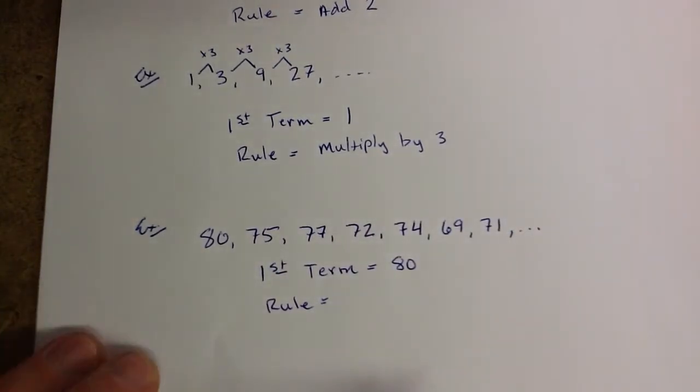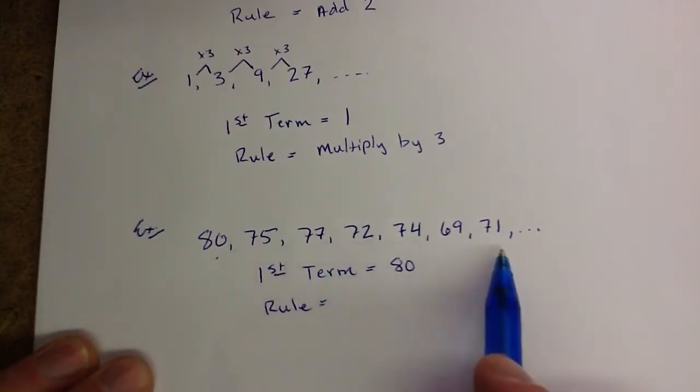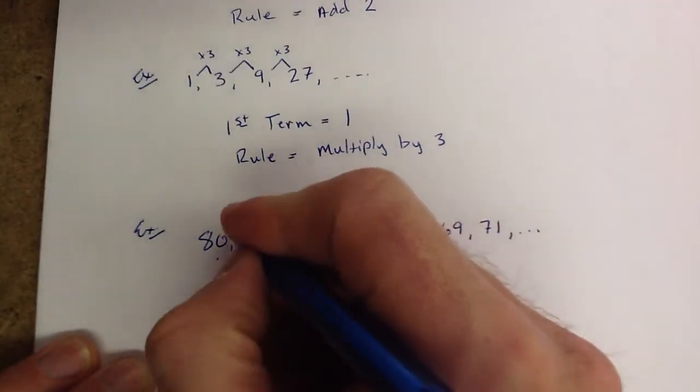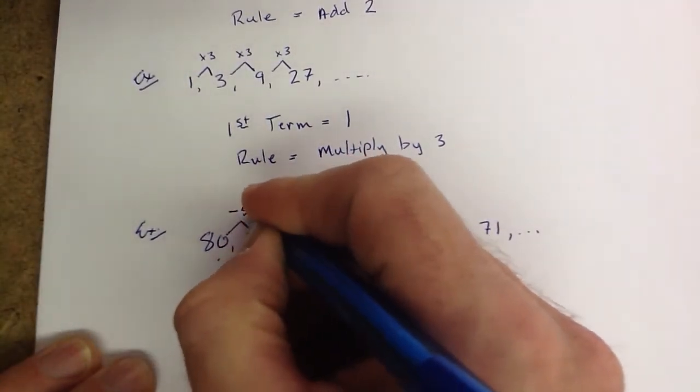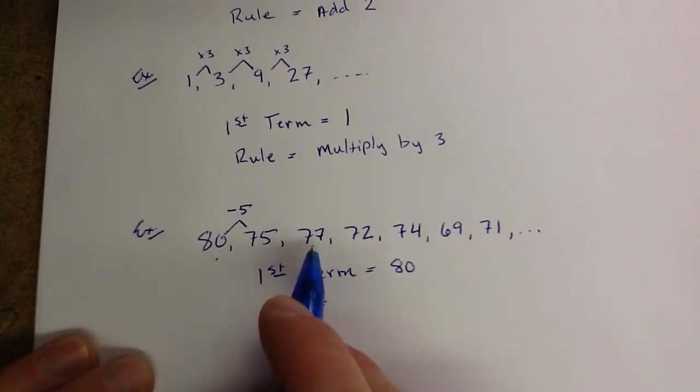Now unlike the first two examples, this pattern seems to be going down from 80 to 71. Well, how do I get from 80 to 75? Well, it seems pretty simple. You subtract 5. But how about from 75 to 77?